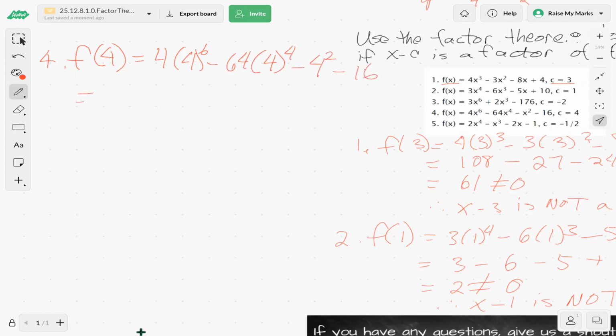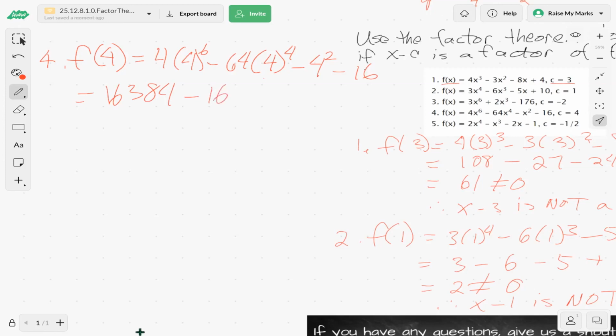Okay, so let's evaluate this. 4 to the power 6, that's a big number. Okay, 4 to the power 6 is 4,096. Times 4, okay, it's a big number. That's 16,384 minus, okay, 64 times 4 raised to the power 4. 4 raised to the power 4 is 256 times 64.